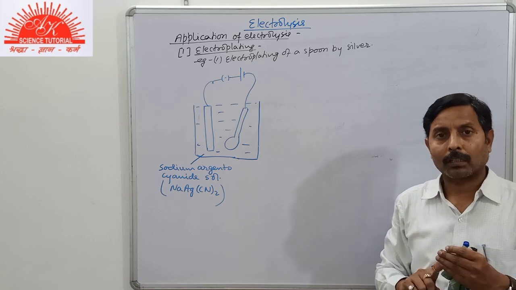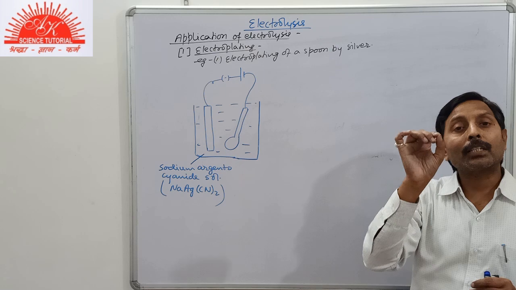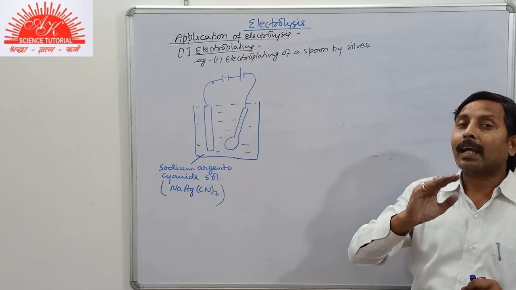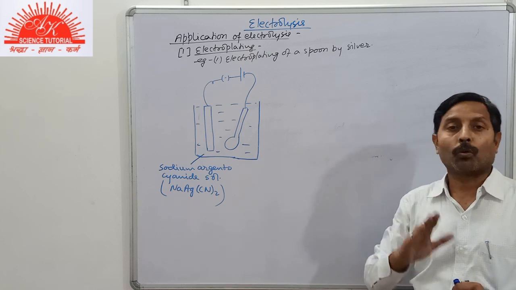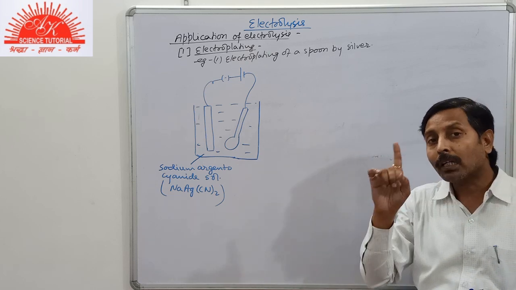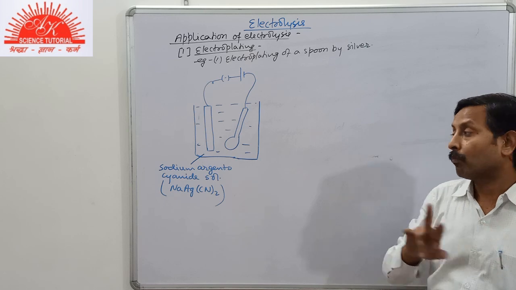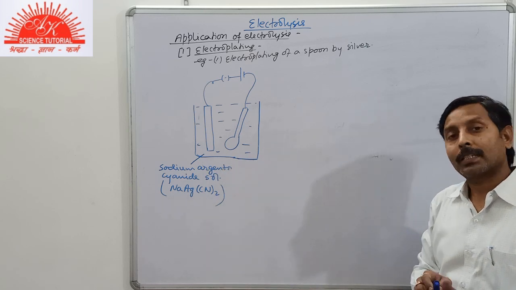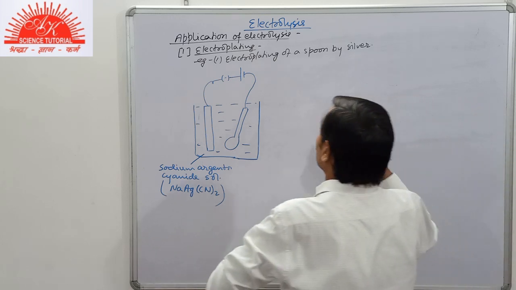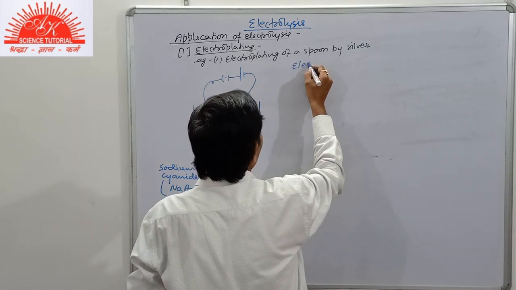The question is asked because it is a very strong electrolyte and rapid discharge of silver ion does not allow a smooth coating. So we will not use silver nitrate, but we will use sodium argentocyanide or potassium argentocyanide. So now you see, that is the electrolyte.